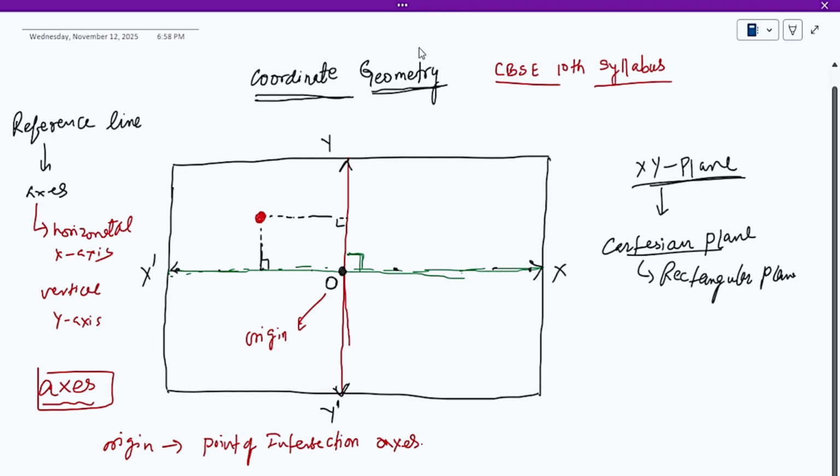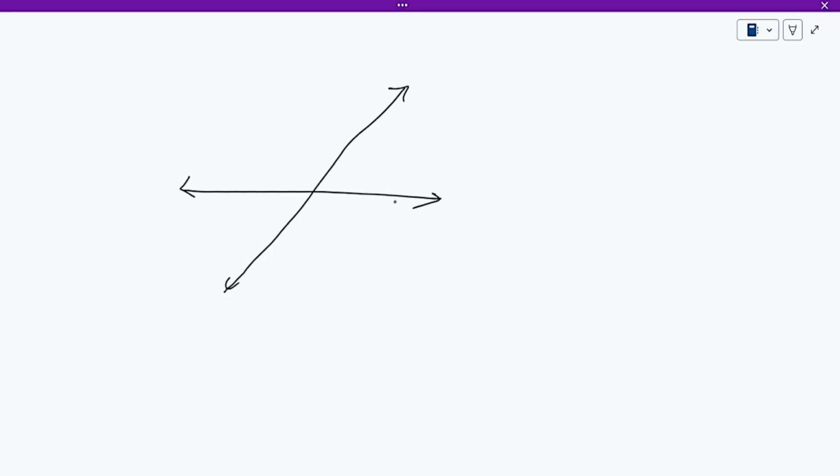I hope this is clear, right? What exactly is the meaning of the xy plane? This Cartesian plane is nothing but the xy plane. The rectangular plane is also this xy plane, where the vertical and horizontal axes meet at 90 degrees. If we have two axes that do not intersect at 90 degrees, for example a horizontal line like this and another line like this, they also divide the plane into four regions.